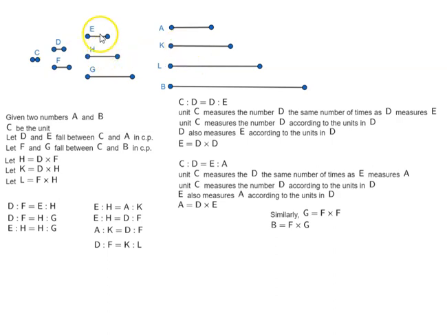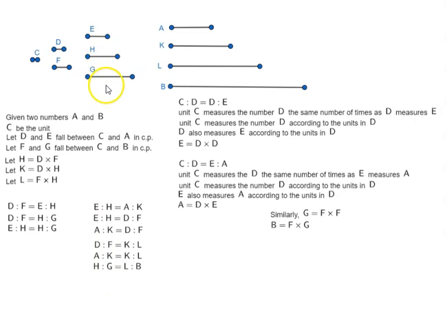K is equal to E times H and L is equal to F times H. So if you follow the chain, you will end up with D is to F is equal to K is to L. A is to K is equal to K is to L. Now, how did this come? Since A is to K and K is to L both are equal to D is to F.